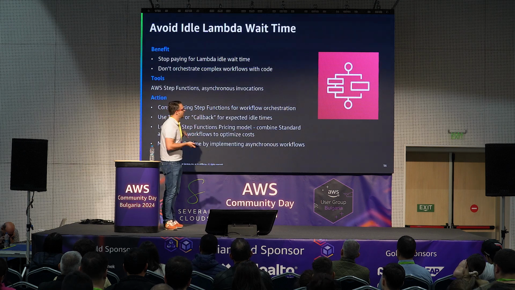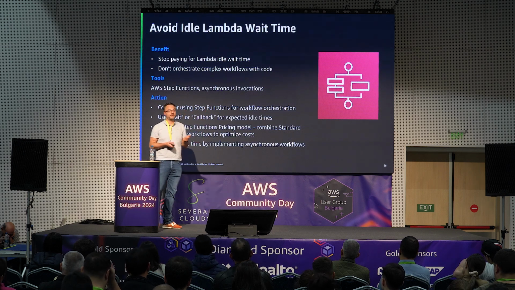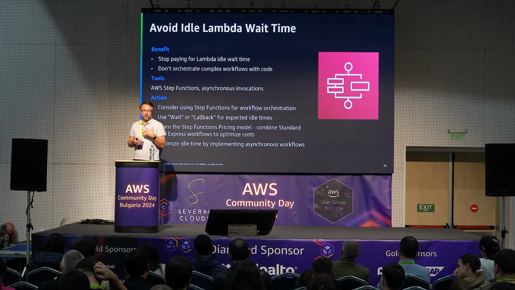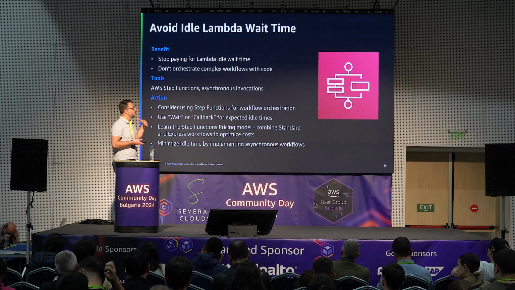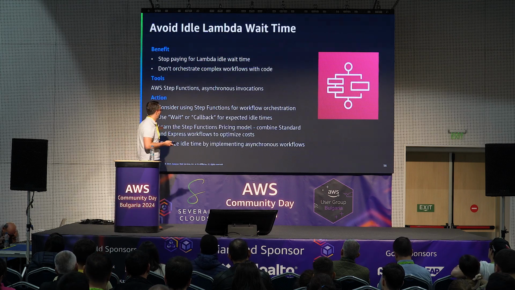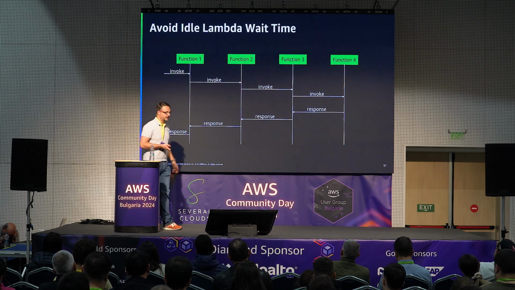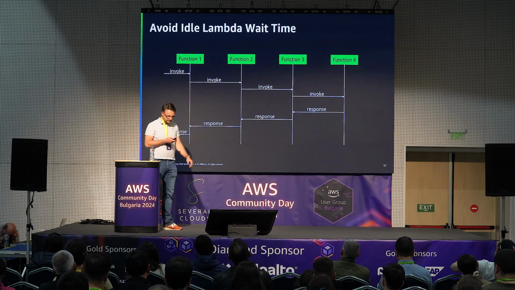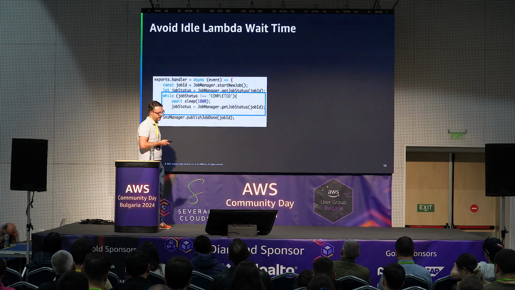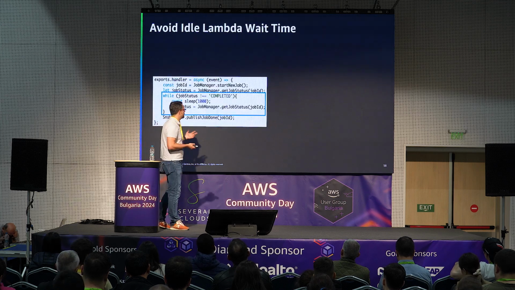So there are other services like Step Functions, which allow you to orchestrate things. If you want to build a workflow and orchestrate some functions, calls between them, you can use Step Functions.